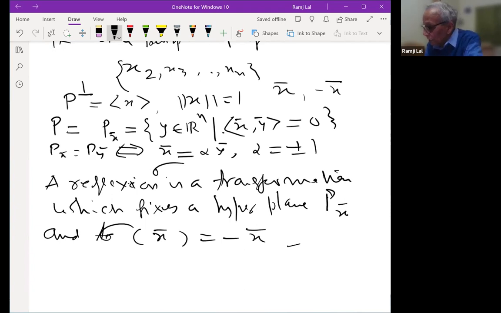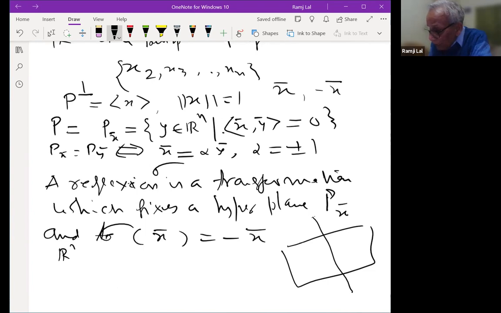If you have any plane here, then it fixes this and it takes any vector here to this minus x. So that is a reflection. So corresponding to x, what will be a reflection? Let me write here what is your Rn. Rn can be written as Px, how will you write Px?